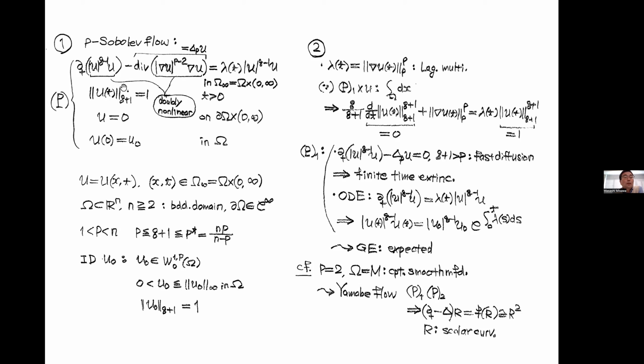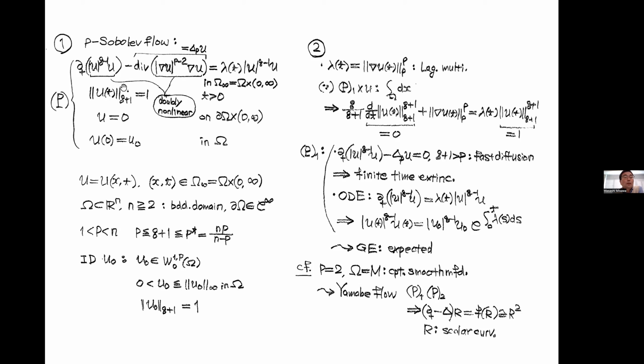We consider the Cauchy-Dirichlet problem for this double nonlinear parabolic type equation with this constraint, which is the second line. This is our equation. I want to call this equation the P-Sobolev flow, in particular the P-Sobolev flow, or simply saying the Sobolev flow.